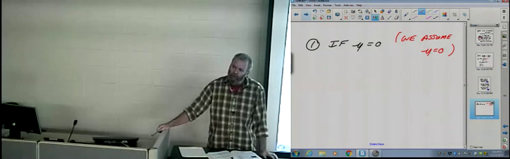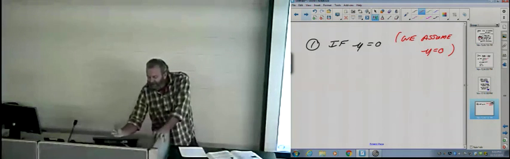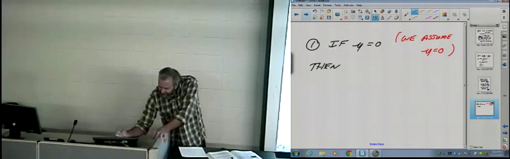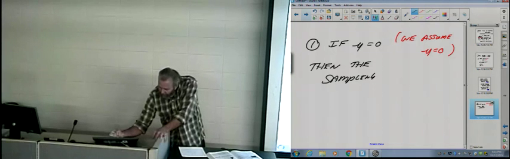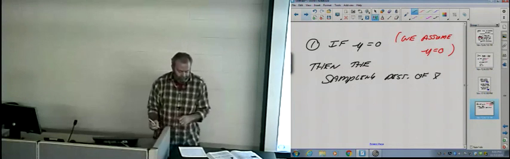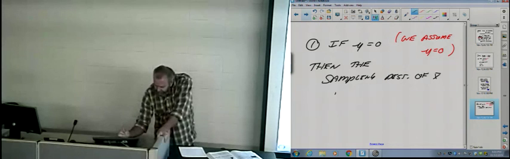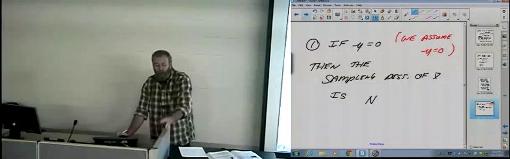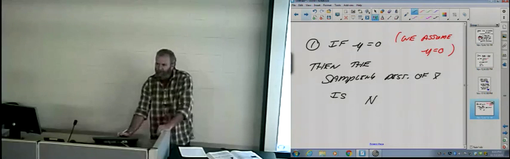That mu was equal to 0. If that's the case, then the sampling distribution, we're back to that guy, of x bar, remember x bar is your statistic here, is normal. Population distribution is normal. The sampling distribution is normal.